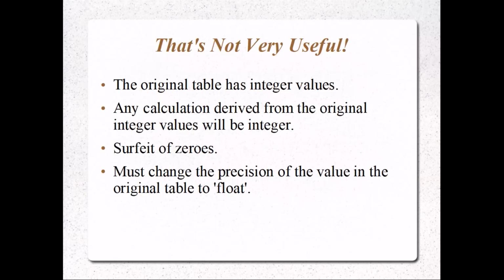So we have to go back to the original table and change the values from integer to float. Even if it's 0.00 in all the numbers as we do it, we will be able to derive more precision from them when we divide those integers.